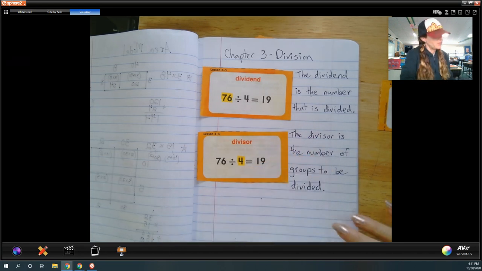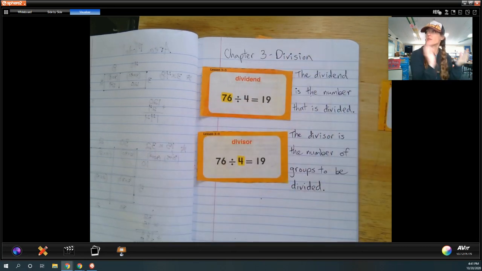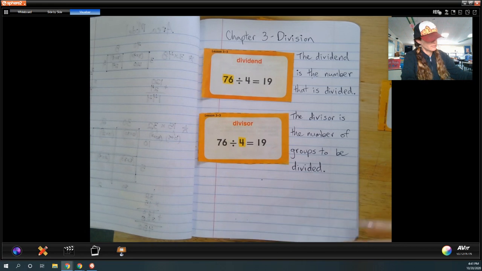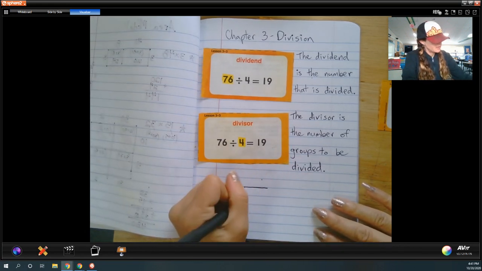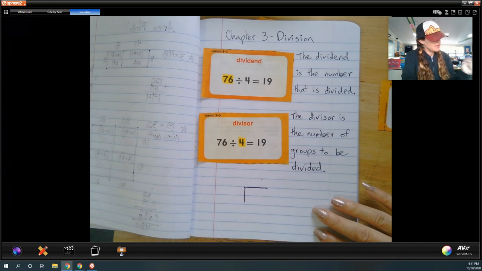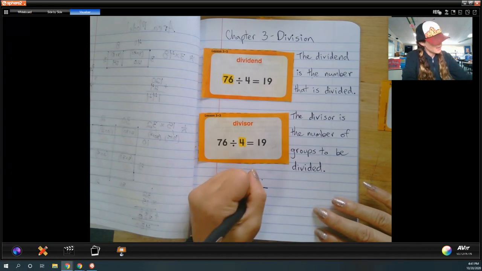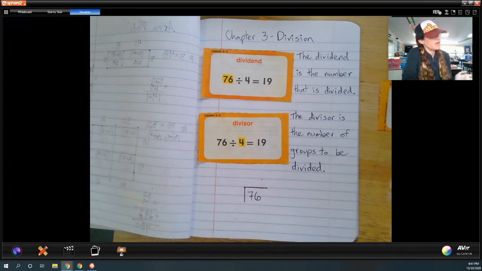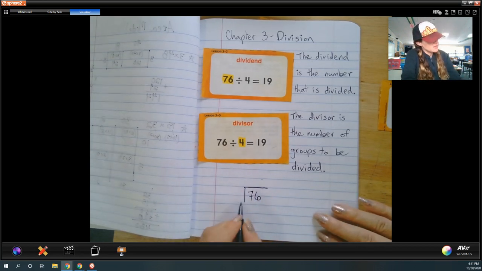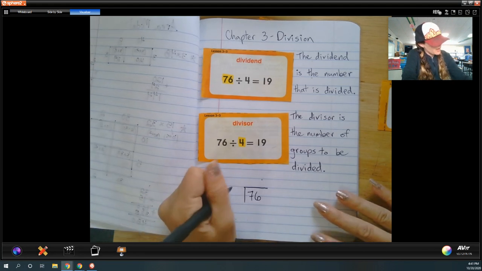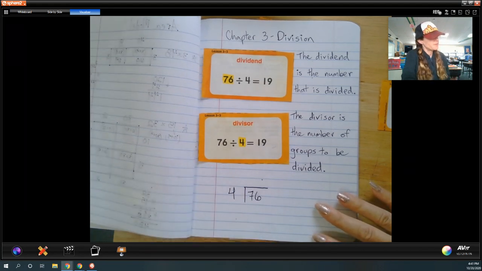Okay, so let's write this out so it maybe makes more sense visually. If I have my dividend, 76, that is the number that I am going to break apart. The divisor is on the outside, right? This is my hat, that's the outside, and this is the groups.